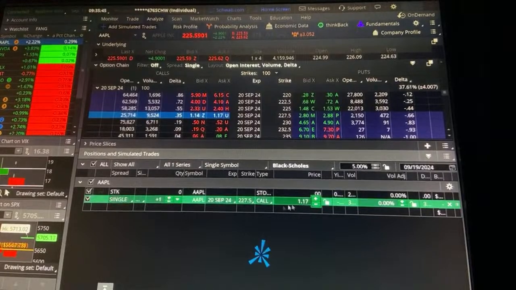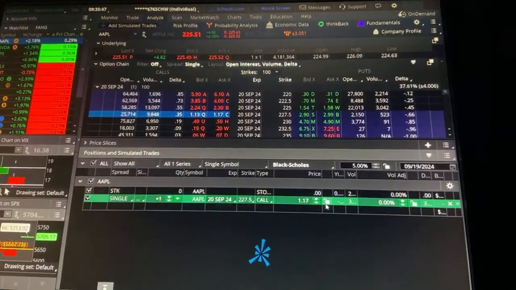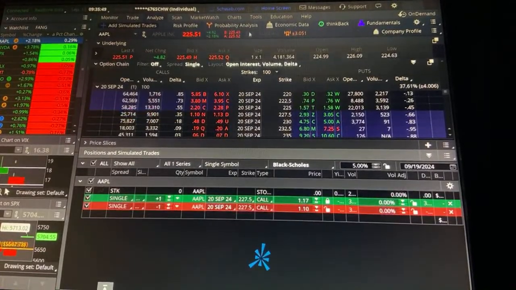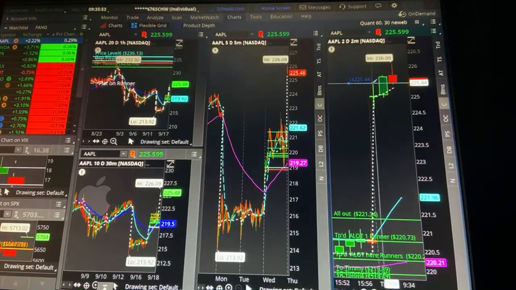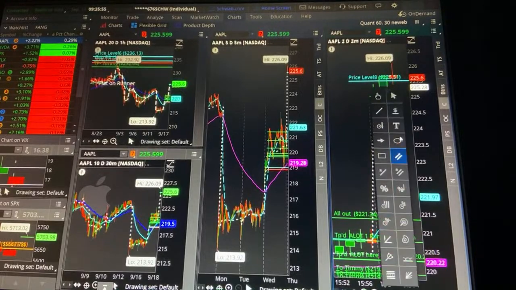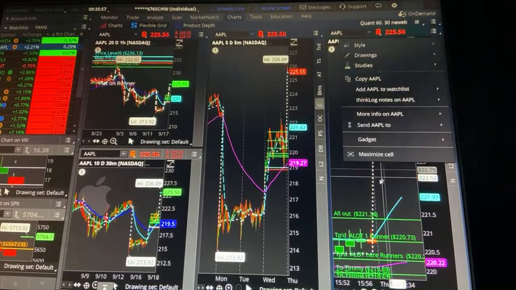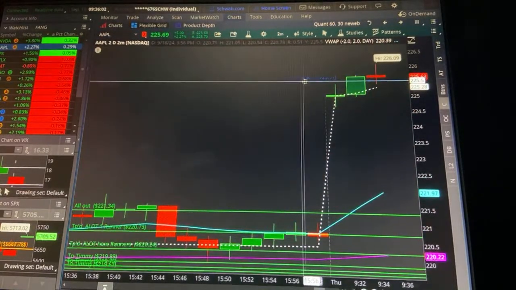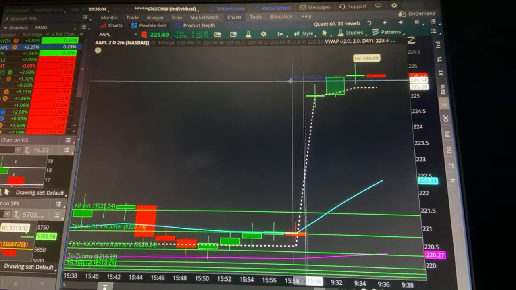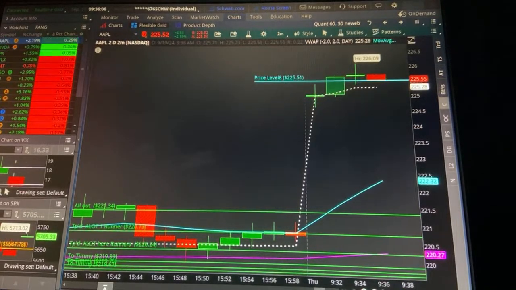All right, picking some Apple 227.5. I just bought these for 1.17 per contract. Apple call. Just make a notation of that. All right, one of the things somebody was saying about the VIX gap, one of the things you've got to try not to do as a professional trader, and I know it's difficult sometimes, is tell a story in your head. Right, it's going to do this, it's going to do that.